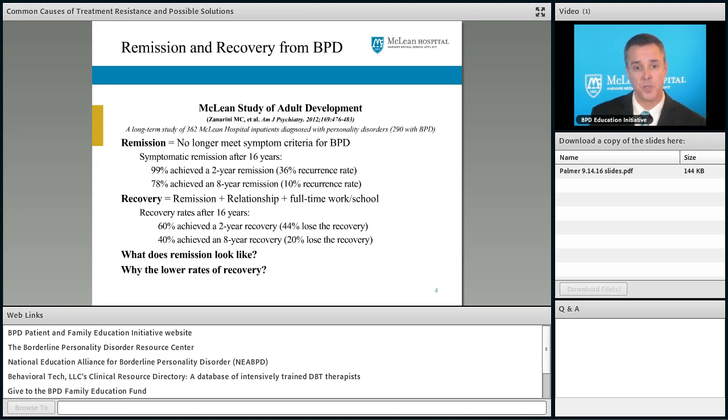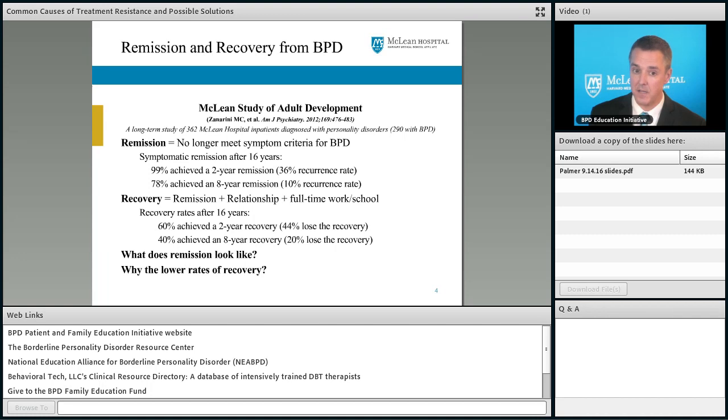If they got that 2-year remission, 36% of the time there was a recurrence of symptoms so that they actually met criteria for BPD again. But 4 out of 5 people, 78%, achieved an 8-year or longer remission of symptoms.